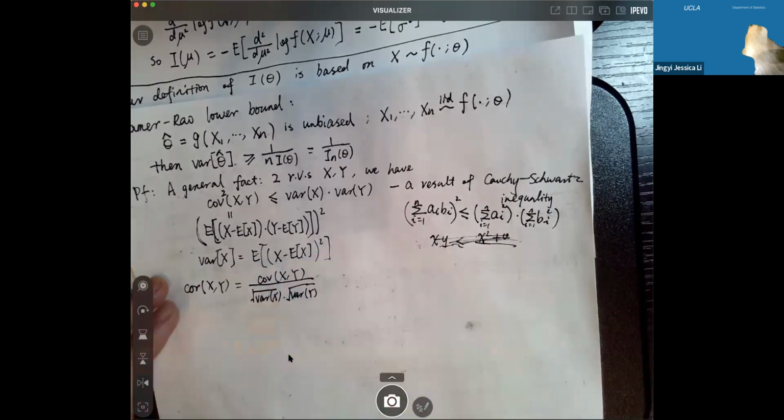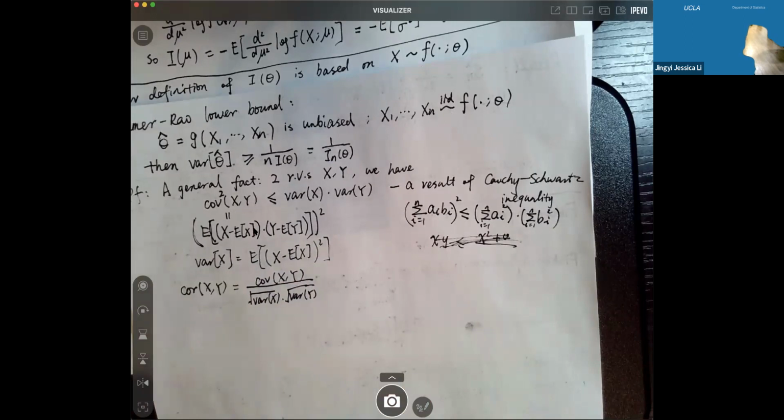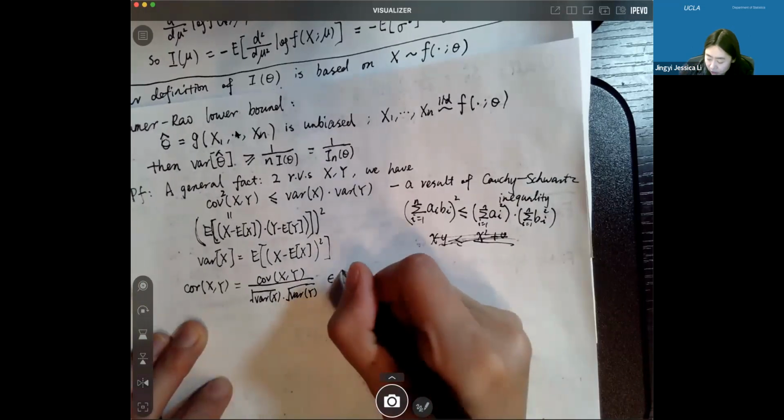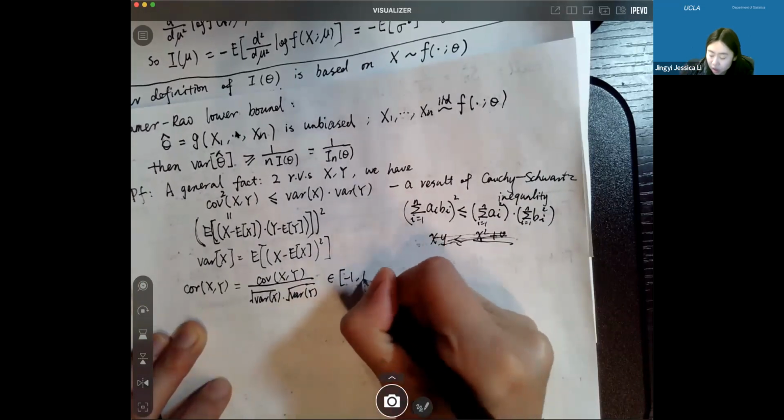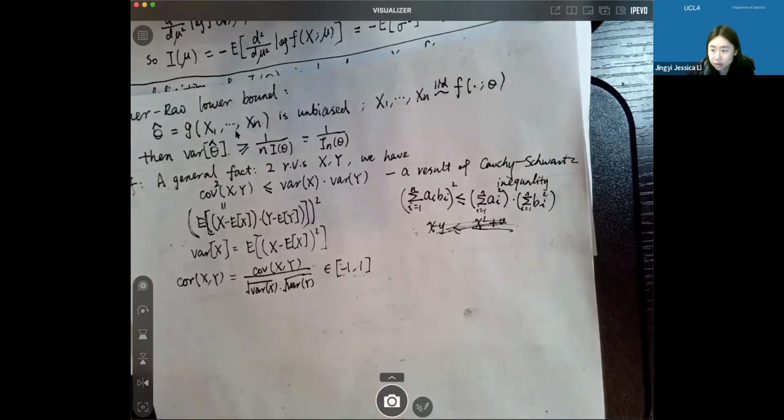I'm not sure if you learned this from your probability class, but I'm just trying to talk about this as a result. In this Pearson correlation definition, we know that the correlation has the range of -1 to +1, right? -1 means negatively perfectly correlated. +1 means positively perfectly correlated.